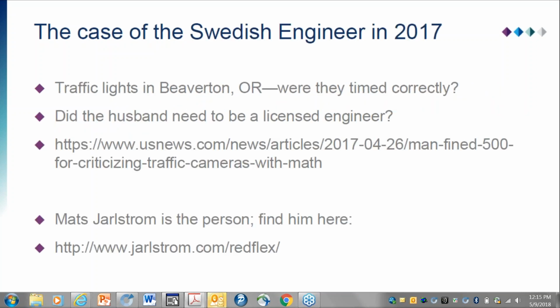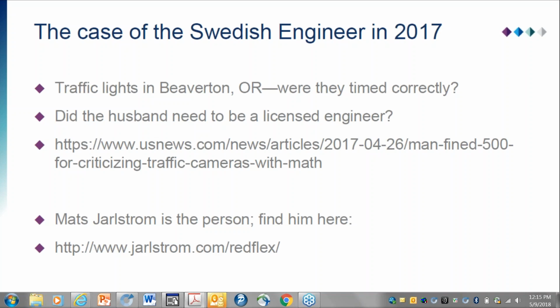Now, that Topaz case was in 2012, 2013 or so, but then we have the case of the Swedish engineers, we're calling him, in 2017. So the question arose in this fashion. This gentleman, Matt Jarlstrom, his wife got a ticket in Beaverton, Oregon, and he thought that the traffic lights were not timed correctly.